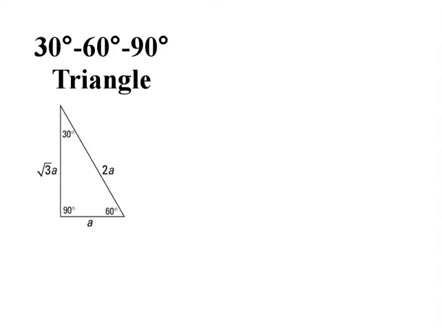The relationships between the sides is you have your right angle. The side opposite 30, remember, is always half the hypotenuse. The hypotenuse is always twice the shortest side.